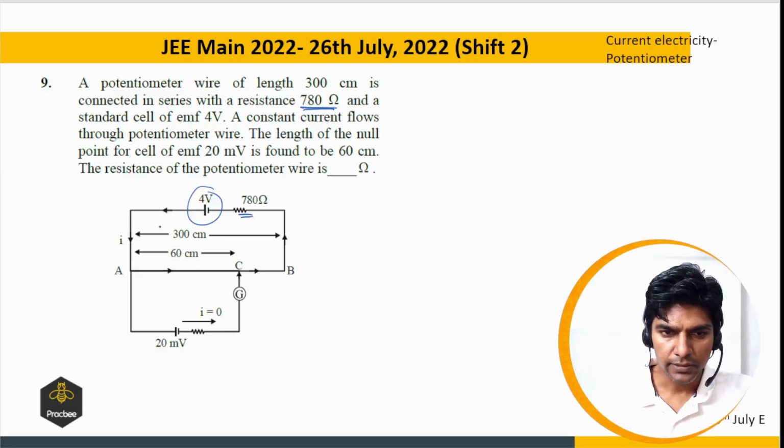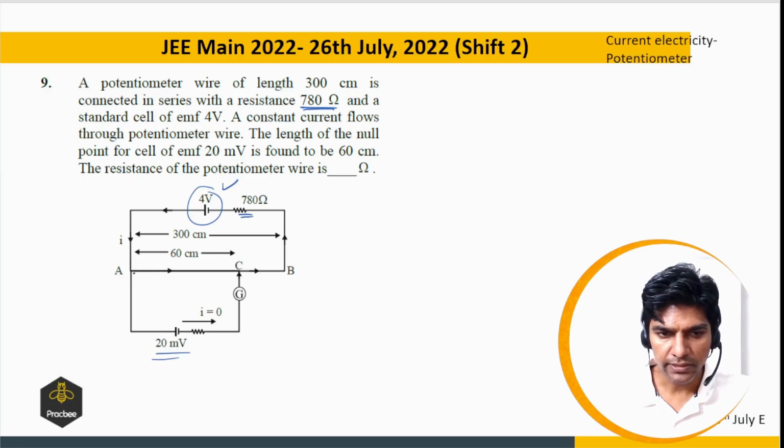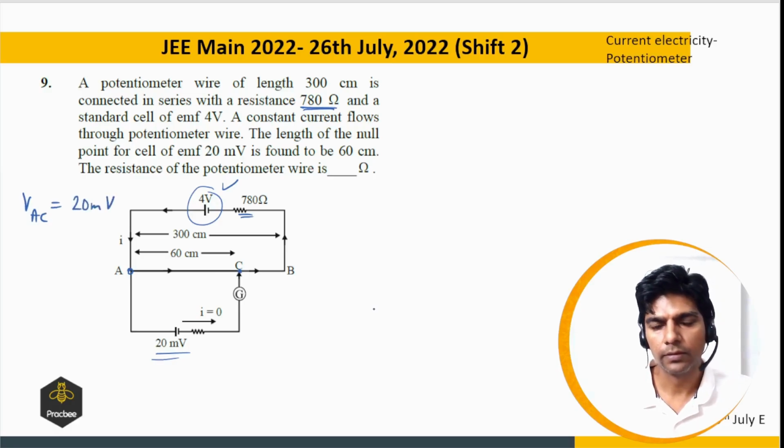So in this case, whatever current is being supplied by the primary battery, this current is passing through the potentiometer wire, and there is no current in the cell of EMF 20 millivolt. So we can say the voltage across AC, VAC, is nothing but 20 millivolts, right? And we have to find the resistance of the potentiometer wire.